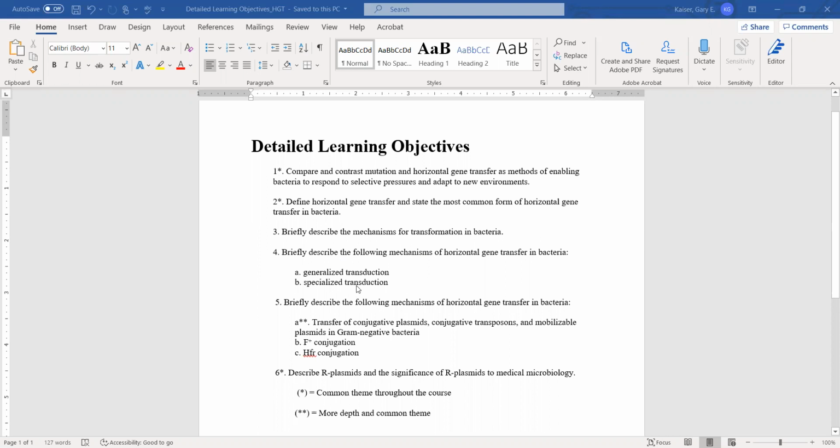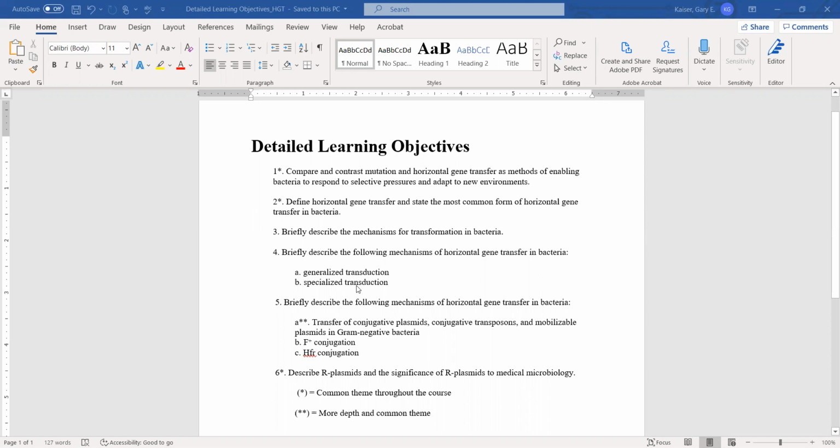Now, you may remember that you had the words transformation, transduction, and conjugation as part of your biology review exam earlier in the semester, and had at least one question on each one of those. And I introduced those words early in your biology review since that was something we're going to be applying during the semester. But here again, we're getting into it where you really need to know it for the exam.